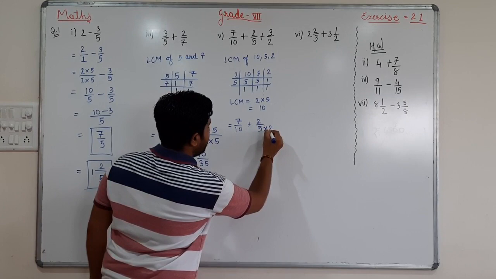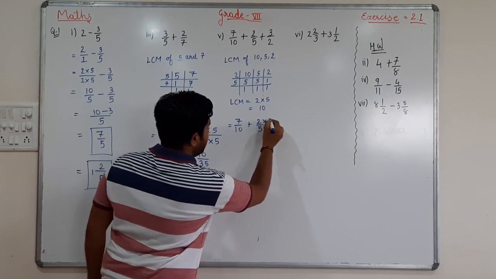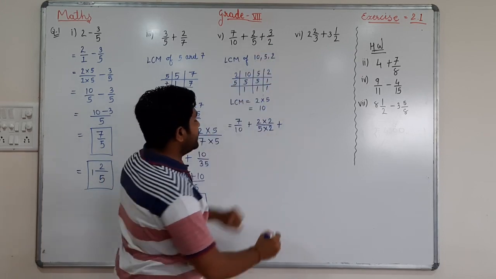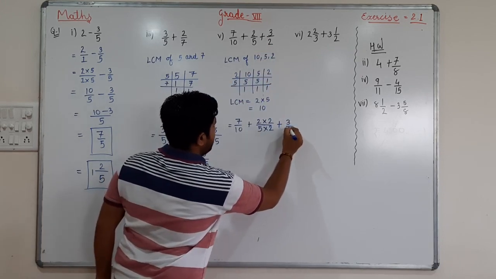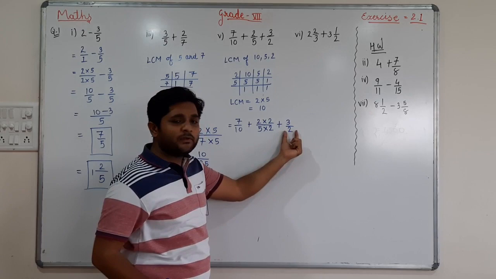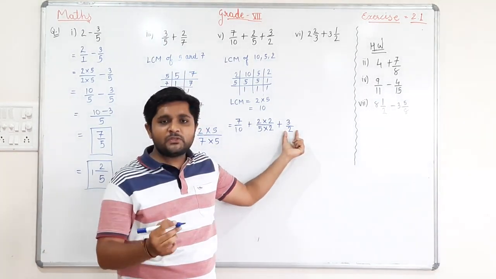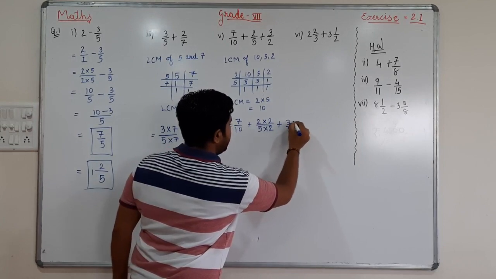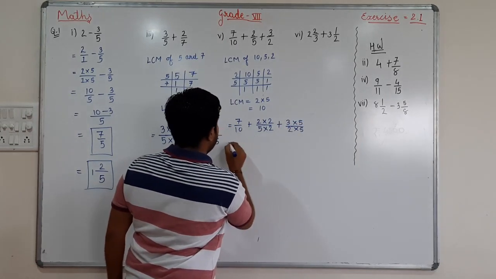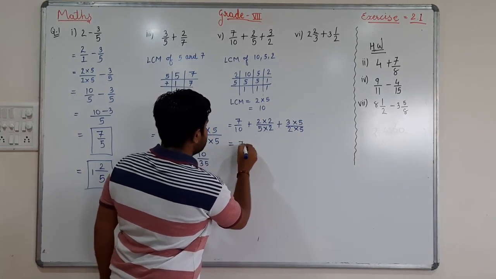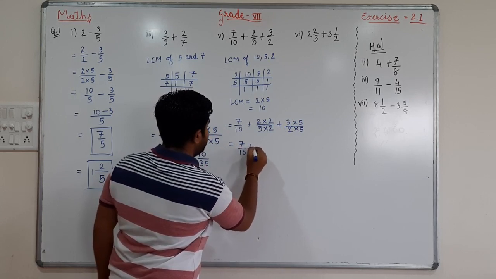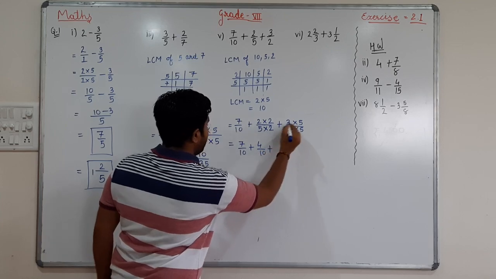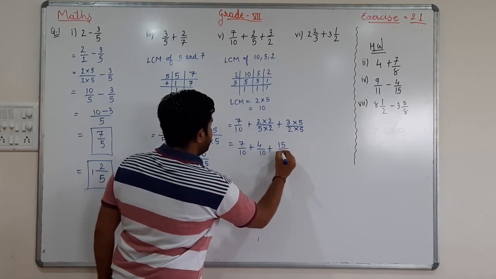So multiply by 2, and upside the same operation, multiply by 2, plus 3 by 2. Here 2 is there, but we want 10. So multiply this 2 with 5, and upside the same operation, 3 multiplied by 5. Now simplify this. 7 upon 10 plus 2 2s are 4 upon 10 plus 5 3s are 15 upon 10.